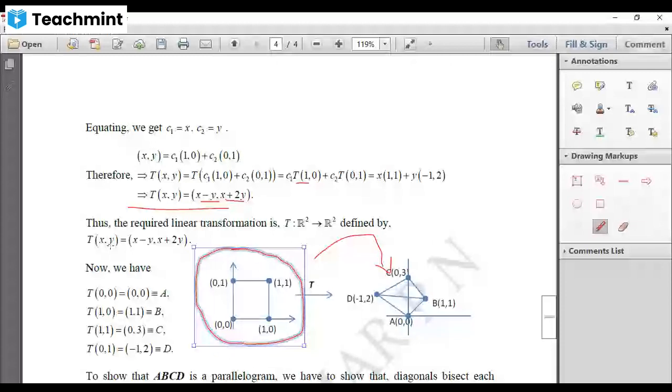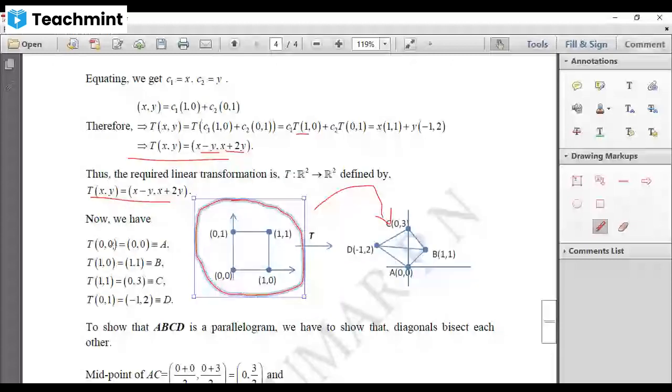So using this linear transformation, find the image of the vertices of the square. What are the vertices? (0, 0). What is the image of (0, 0)? If you put x equal to 0 and y equal to 0, you'll get 0 minus 0 and 0 plus 0, which is (0, 0). That is one vertex of the parallelogram.